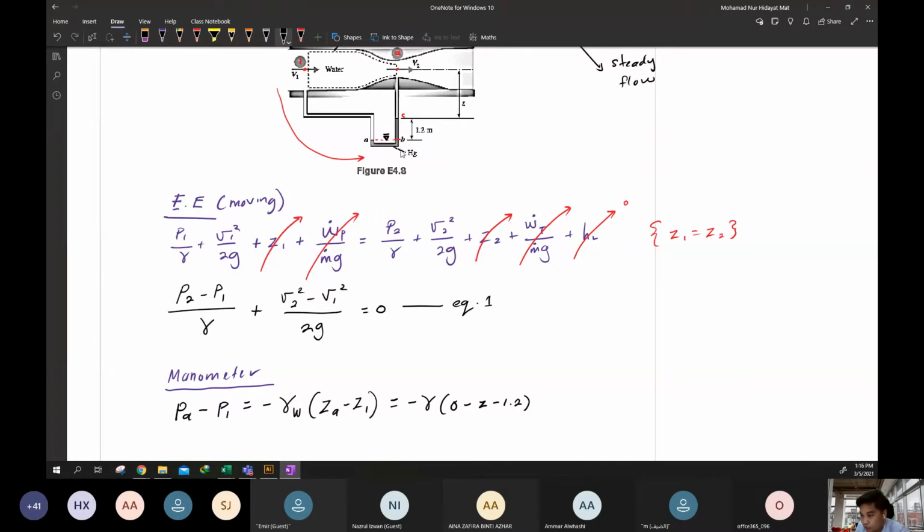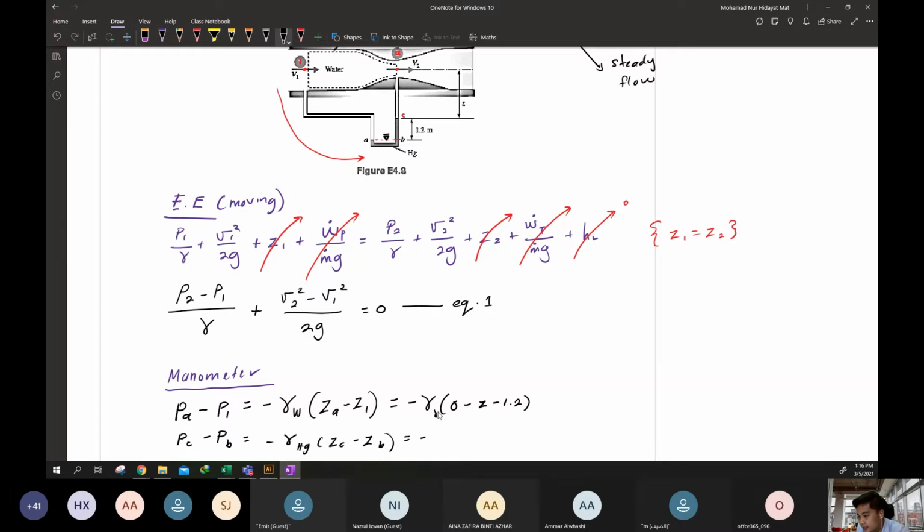Do you think it is necessary to put A to B? No, because it is the same pressure line. So B to C. So P_C minus P_B equals negative gamma of mercury, Z_C minus Z_B.